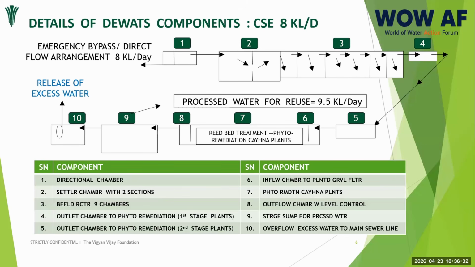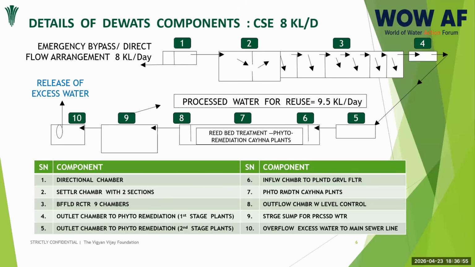These stones can be cleaned and maintained. And then 1, 2, 3 are all tanks, either dump tank or simple tank or with filters. Then number 4 is a directional chamber where again we can do sampling and other things.